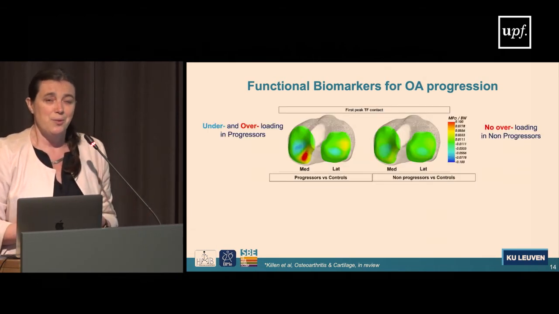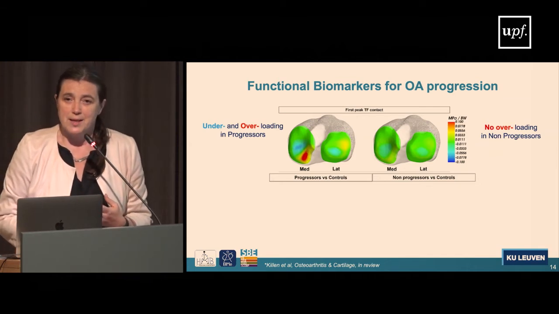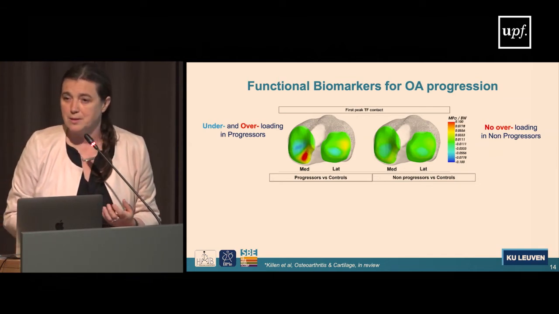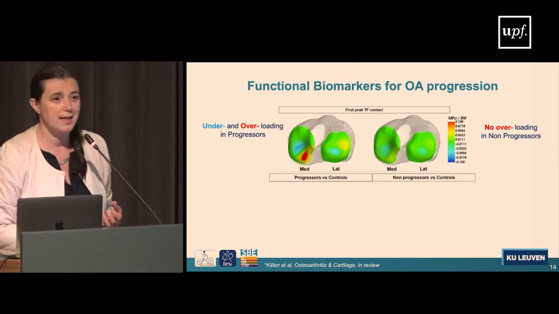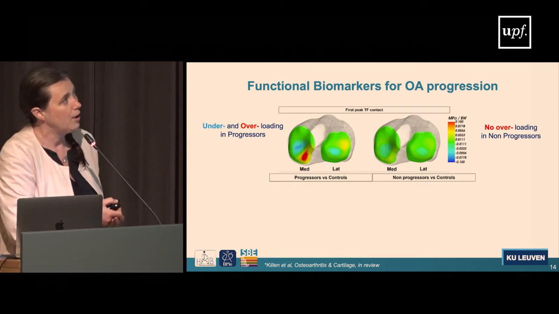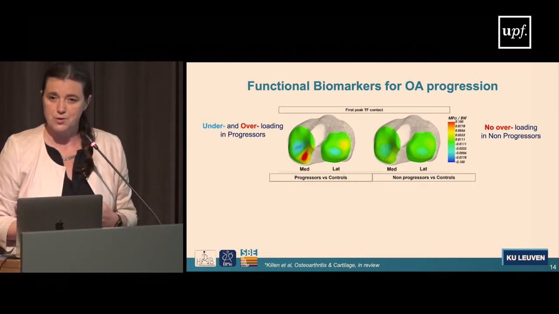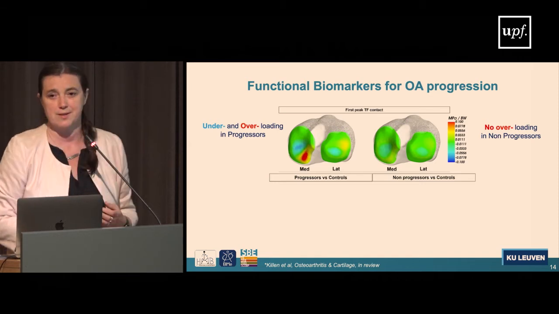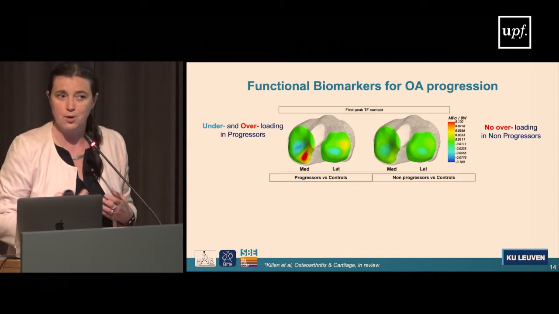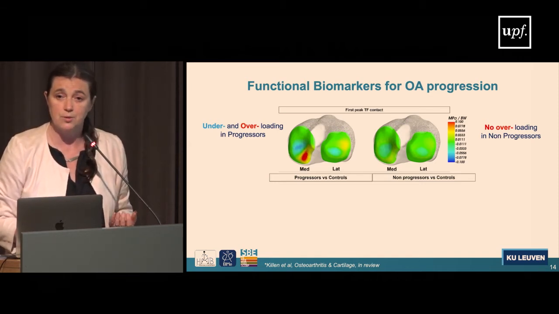Because there's also always this debate about, is OA about overloading or is it about underloading? We thought, okay, let's look just bluntly at the difference in the mean profile of our progressors and the control subjects and the non-progressors and the control subjects. Do we see overloading? Do we see underloading?